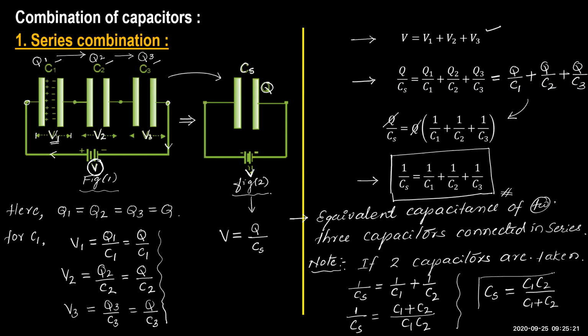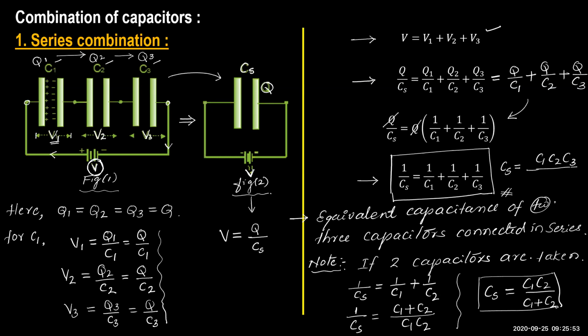That will help you while solving the problems. Just for the purpose of knowledge, I have given this. Now, if you have a combination of three capacitors, then how can this Cs be written? Again the LCM will be C1 C2 C3, therefore that will come in the numerator after taking the reciprocal.